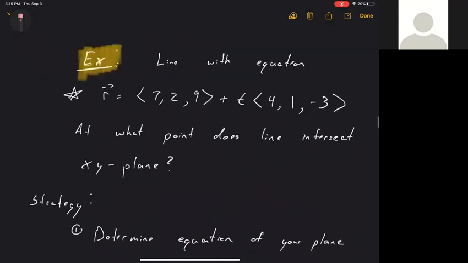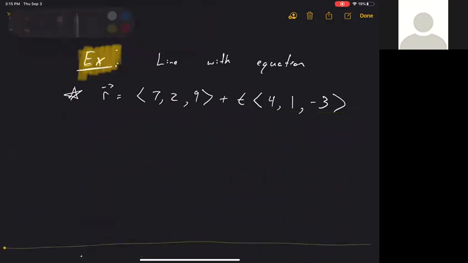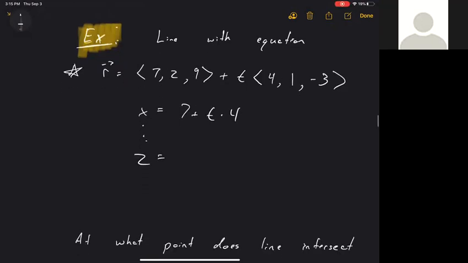Remember that this line, this is the vector equation, also has those parametric equations, right? Like x equals 7 plus t times 4 and so on. And then z, z is the one we're interested in here. z equals 9 minus t times 3, right? Because this is negative 3.